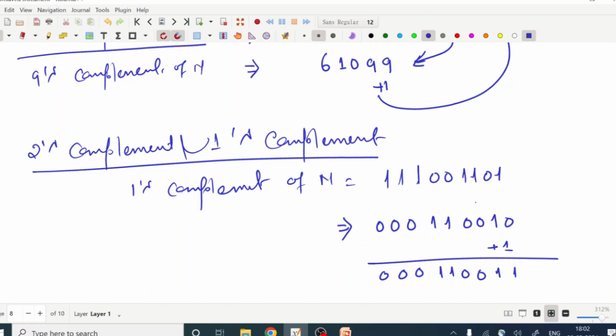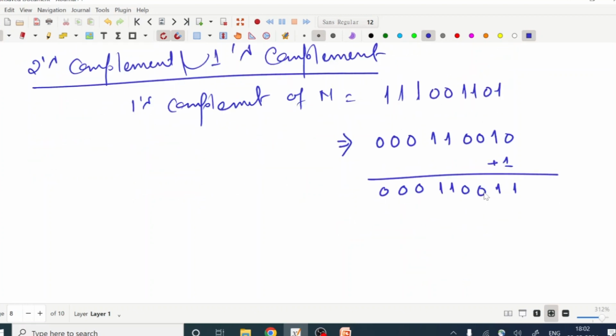So the result is 2 minus 1, that is also 1. So we can also say that from the unit place up to the first non-zero digit, the digits are as they are, and in the rest, each zero is changed into one and each one is changed into 0. This is all about the complements of a number.